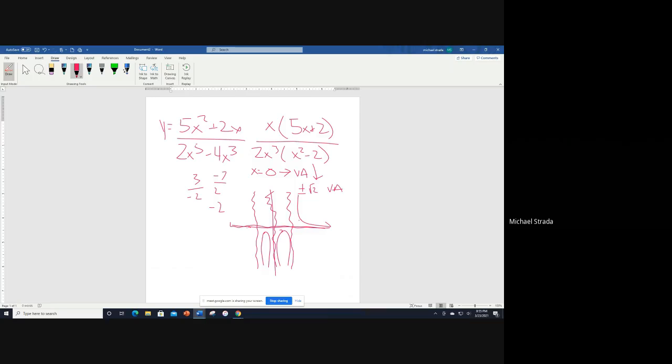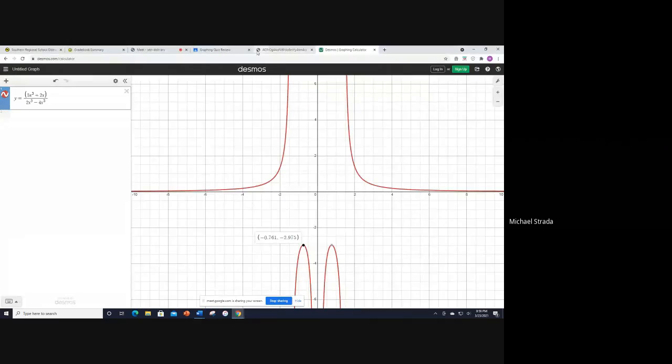If I plug in negative 3, simplified, I'm going to have negative 3 times negative 13, which is positive 39, over negative 54, which is negative. Okay, the negative over negative makes a positive. So that's number 5. All right.